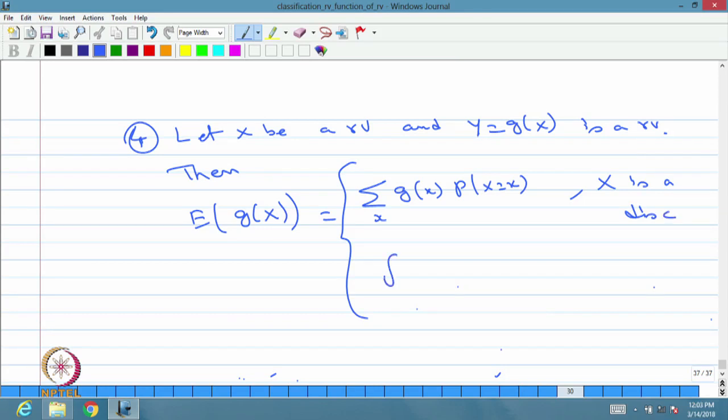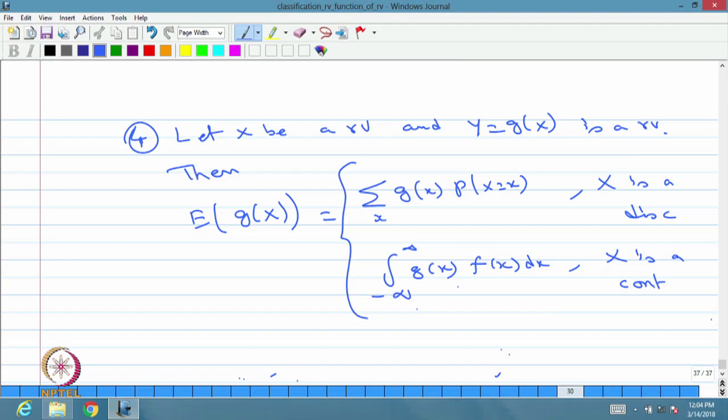If x is a continuous type random variable, it is the integration from minus infinity to infinity of g of x f of x dx. This can be proved provided the expectation exists. Provided the expectation exists, you can find the expectation value of g of x with the summation if it is a discrete type, with the integration if it is a continuous type.